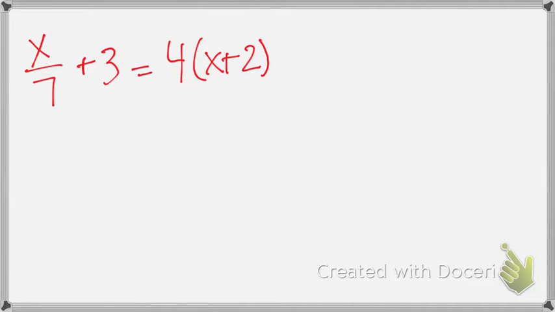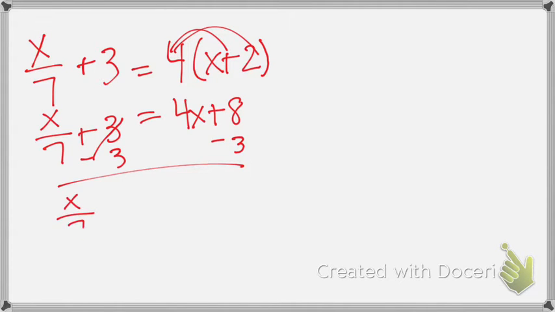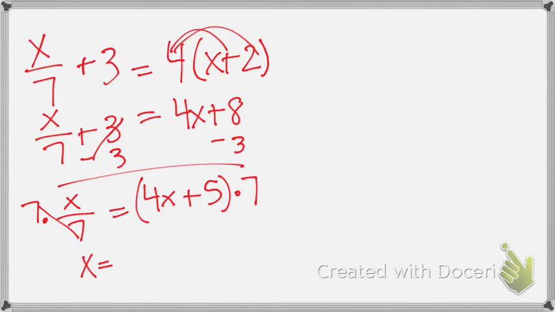Always distribute first. 4 times x. 4 times 2. Bring everything else down. Subtract 3. Multiply by 7 on both sides. x equals 28x plus 35.